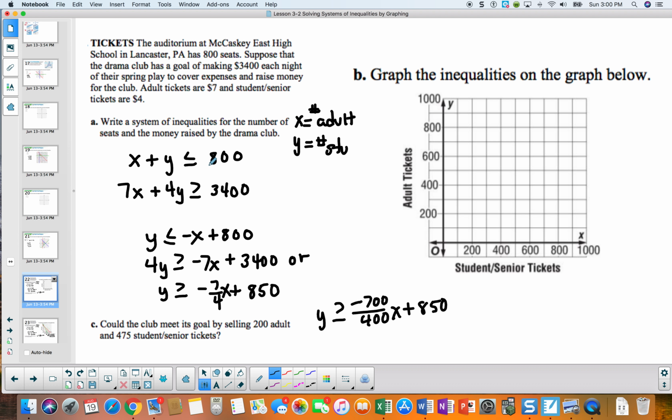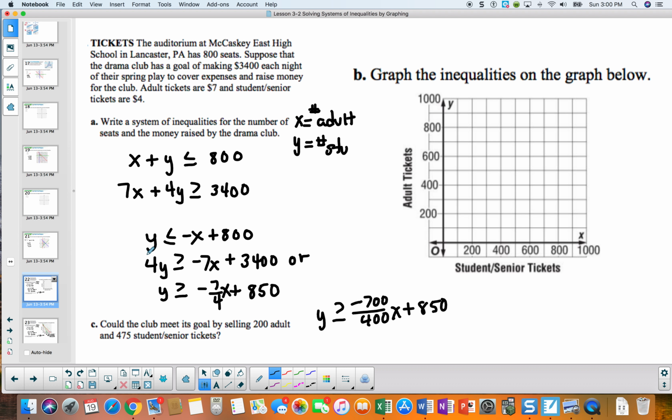We can't get any more than that. So here's going to be one equation. And the second equation is about money. So we're going to take 7 times the number of adults, 4 times the number of students, and they want to make at least 3,400. That's their goal. So they'll be happy to make more than that, but at least 3,400.